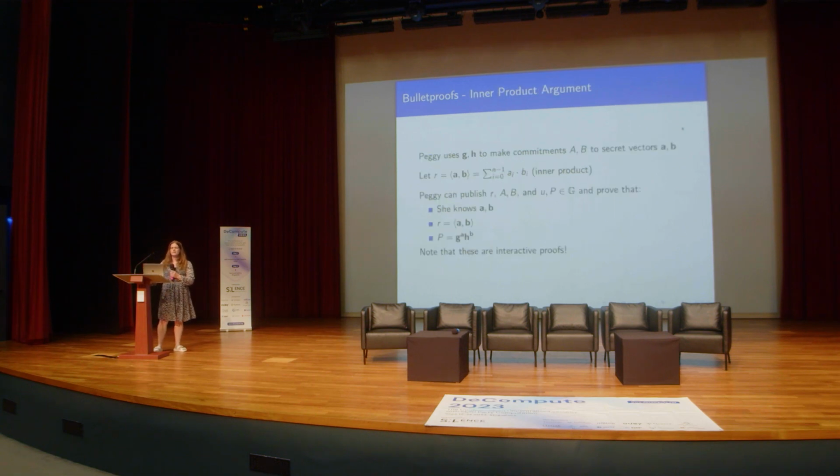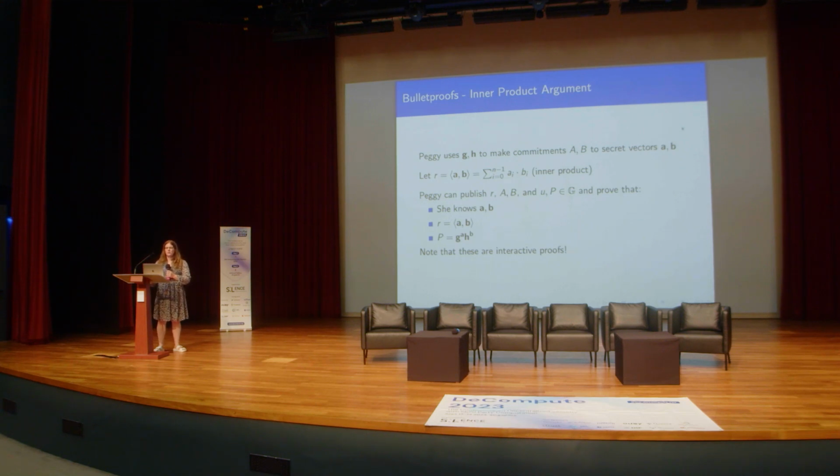The inner product argument, which is the basis for the Bulletproofs, allows Peggy to commit to two vectors, and after publishing a couple of values, she can show that she knows what the secret vectors A and B are. She can show that she knows what the inner product R is, and she can show that the vectors she committed to correspond to this published value.